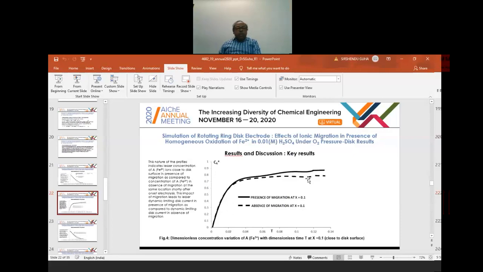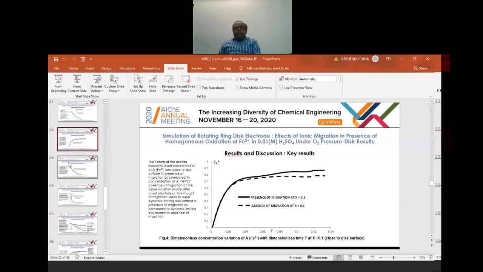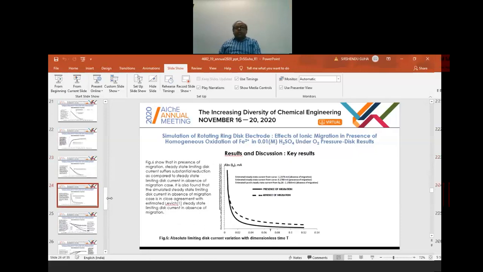So the effect of migration is quite visible. Now, in the next slide, the concentration of A is plotted against the dimensionless normal distance. Here also the effect of migration is quite visible. Now, I will go quickly through these slides because of lack of time.